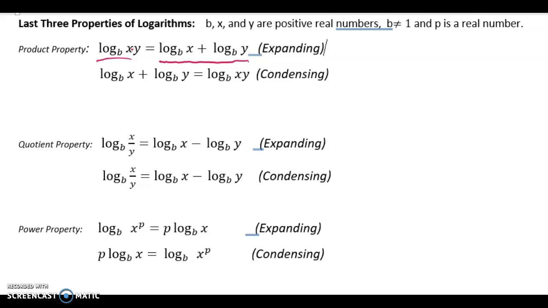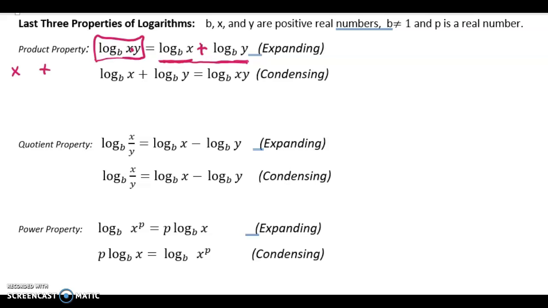So multiplying, I always remember multiplying changes into adding, multiplying and adding. And that's expanding because you're going from log base b of xy to log base b of x plus log base b of y. So if you're multiplying, it expands into adding.